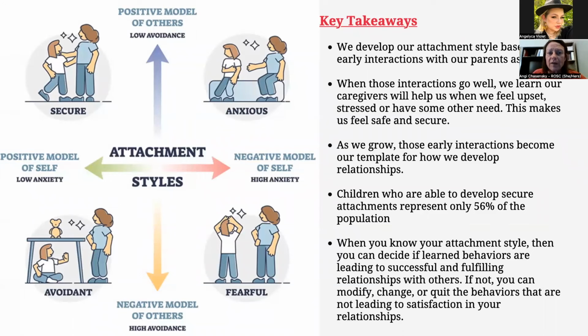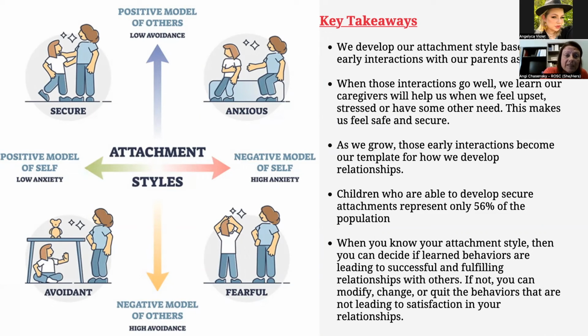Now let's take it over to the right-hand side. If you have on the one axis a positive model of others, but intersecting with a negative model of yourself, you can lean into some anxious tendencies. Now we're going to take it down to the bottom left-hand corner.